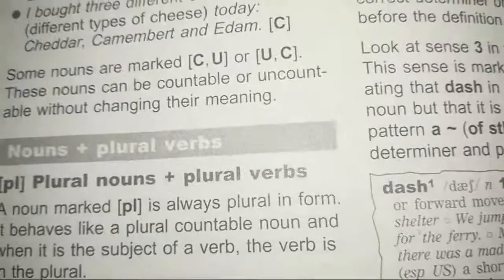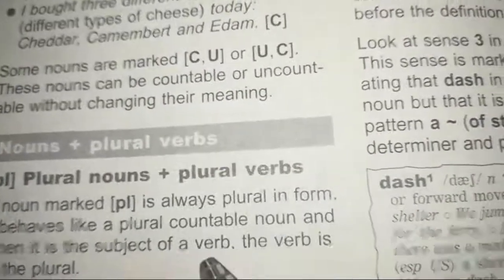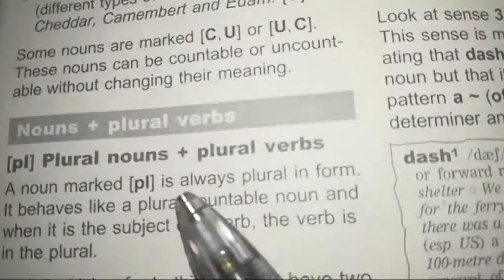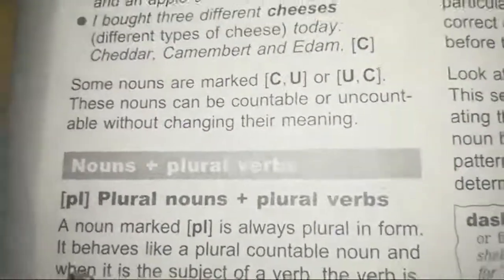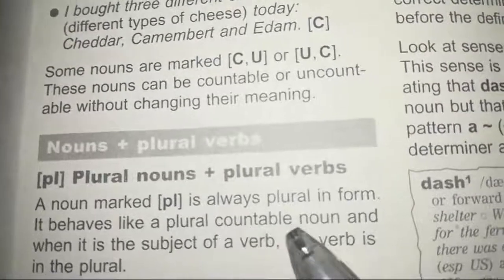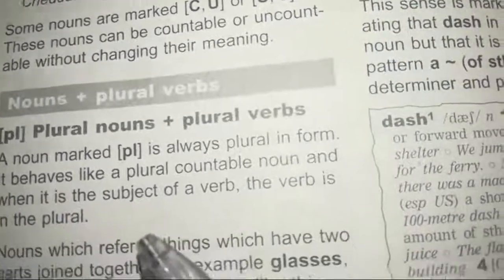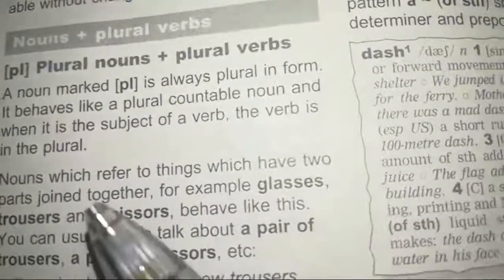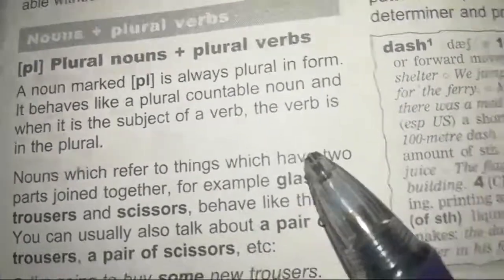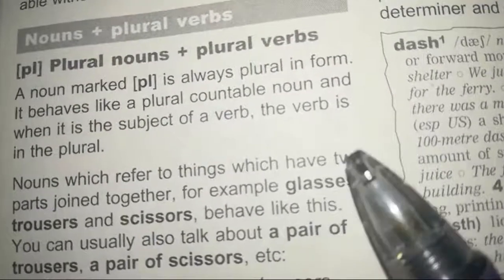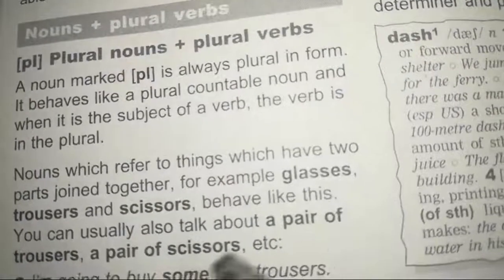Plural nouns have plural verbs. A noun marked PL is always plural in form. It behaves like a plural countable noun, and when it is the subject of a verb, the verb is in the plural. Nouns which refer to things which have two parts joined together, for example, glasses, trousers, and scissors, behave like this.